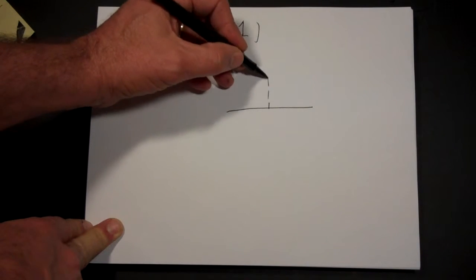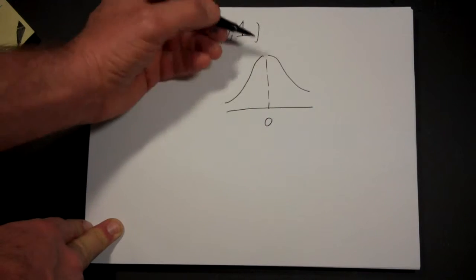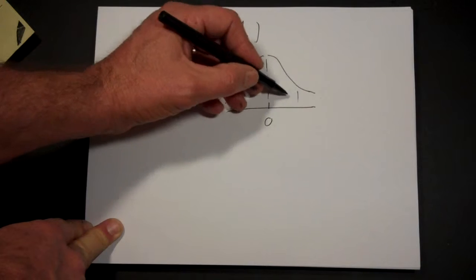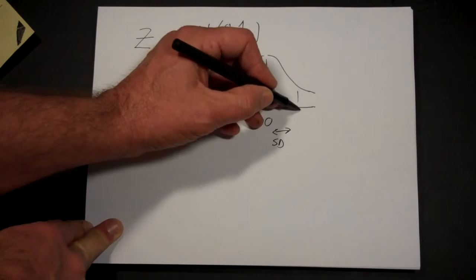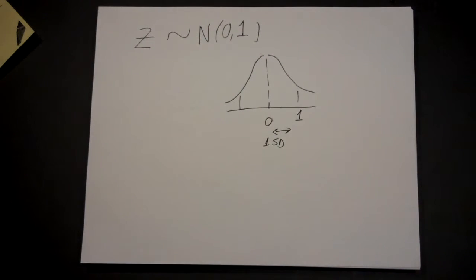So you have a distribution that looks something like this, where the mean is 0 and the standard deviation is 1. That's a well-defined distribution, and all common graphing calculators and all those AP Stats books have a table in the back that you can use.